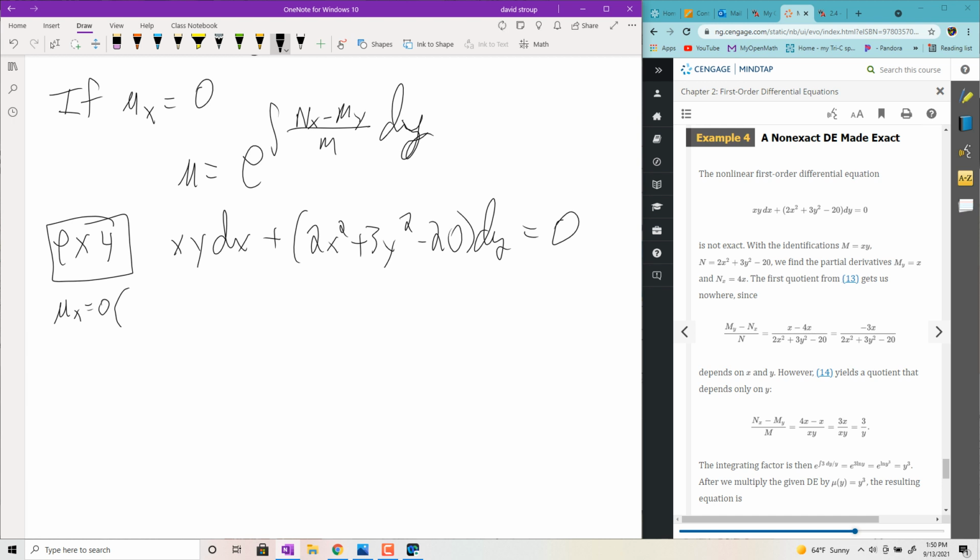So this must be some sort of function of y for that to work. Mu must be a function of y, or we need that mu sub y is equal to 0, in which case mu must be a function of x.